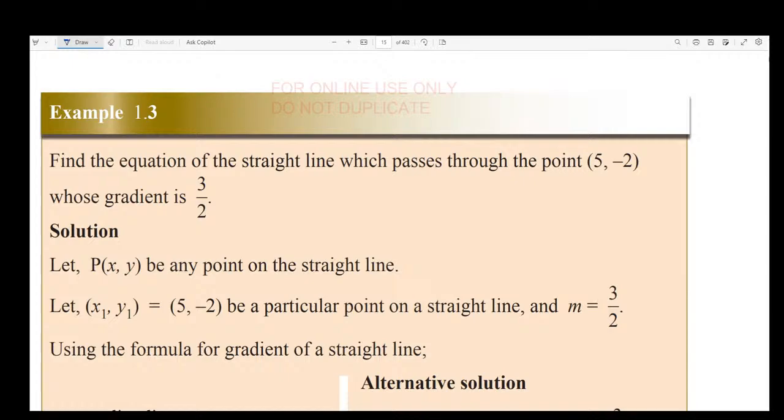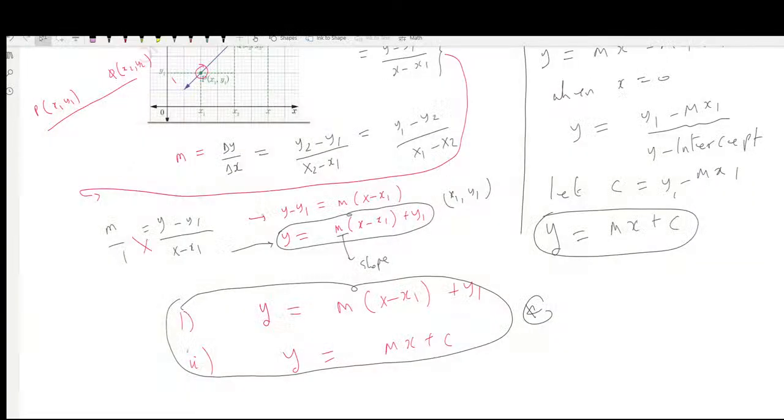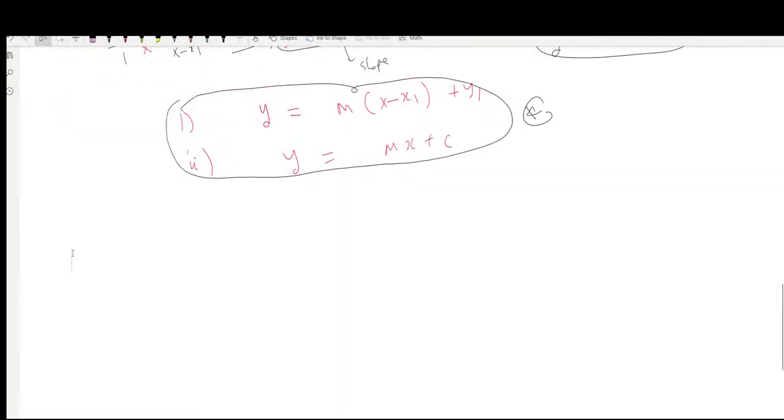This is the first example we are going to do from our session, dear students. So that is going to be our first example, and you can see the question.